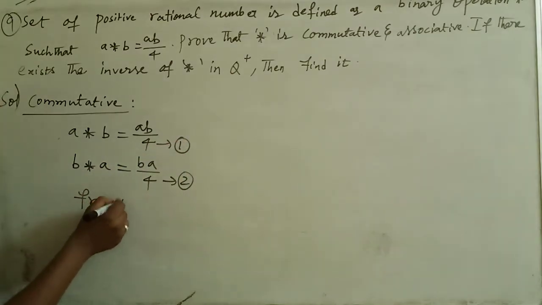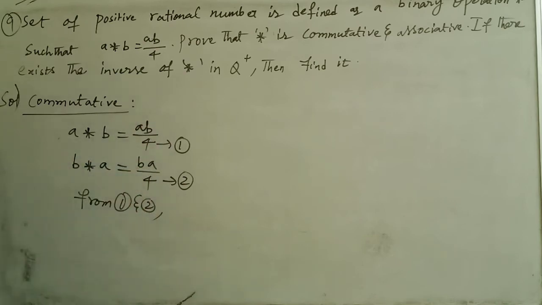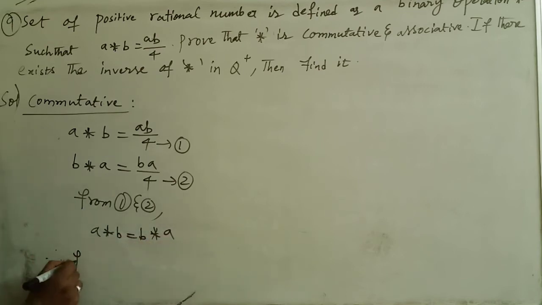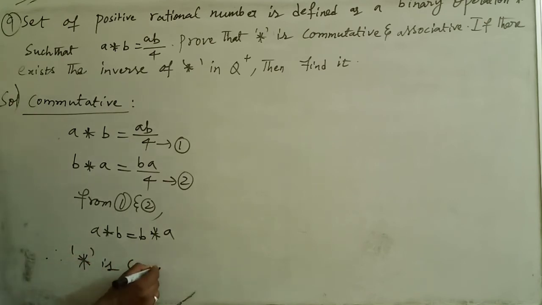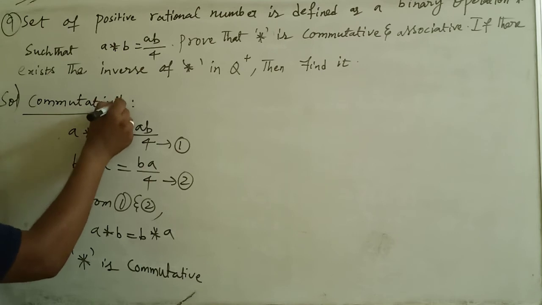From 1 and 2, ab and ba are both the same, upon 4 both are the same, so from 1 and 2, a star b is equal to b star a. Therefore star is commutative. Here you can write commutativity.